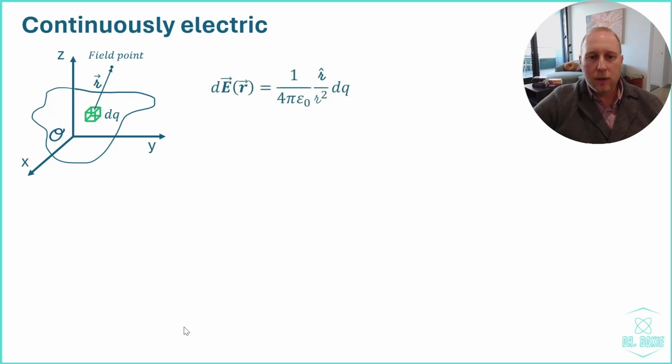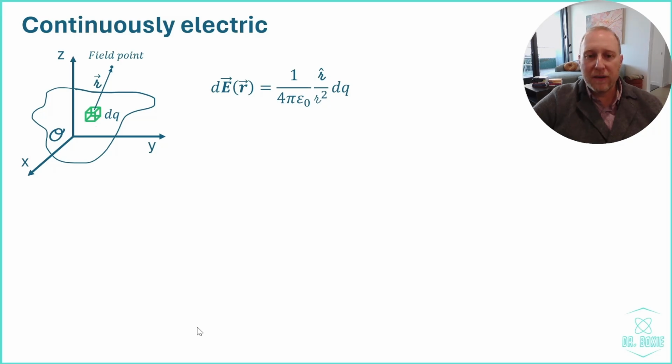And the expression for the electric field caused by that infinitesimally small portion of charge is this expression, which is exactly the same as the one we had on the previous slide, except that we replaced q, the value of the source charge, by dq, which is the value of the infinitesimally small source charge. And if we then want the total electric field at that point in space, we want to add all of these dE's.